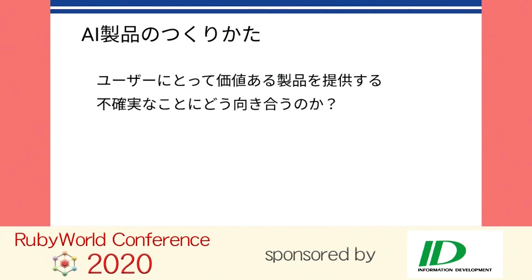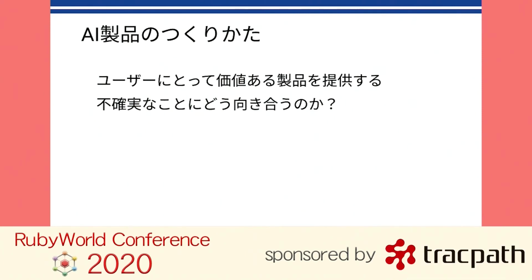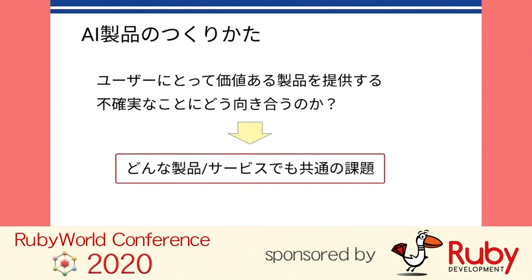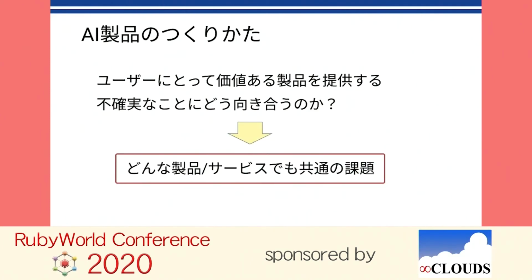But AI products use machine learning, and as a result, we see results which are not very precise or not the expected results. So this kind of uncertainty is the unique challenge we have to deal with.